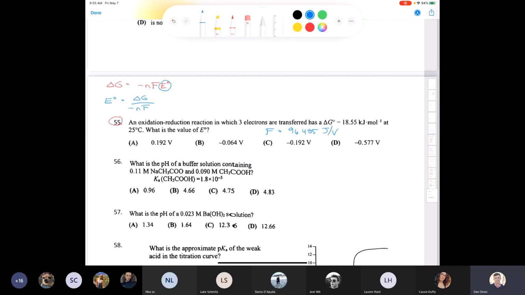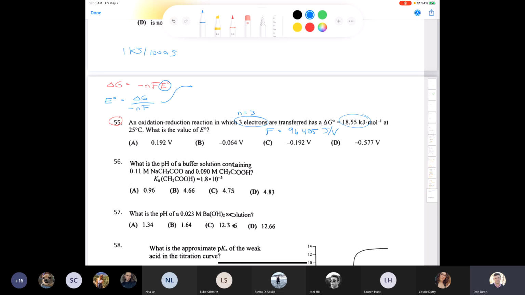So we've got our Faraday constant and our delta G. We've also got the number of electrons, N equal to 3. The only thing we have to do is change the delta G into joules, and we know that in 1 kilojoule, we have 1,000 joules.